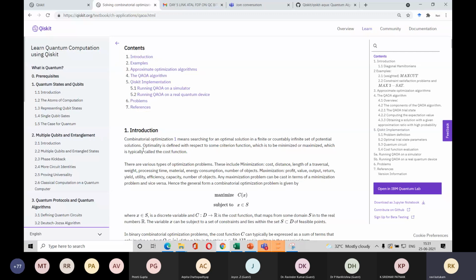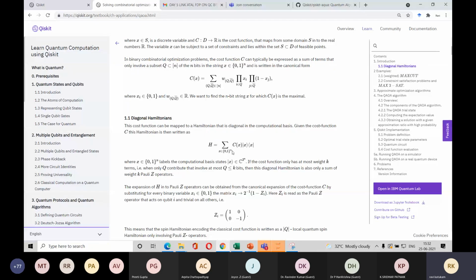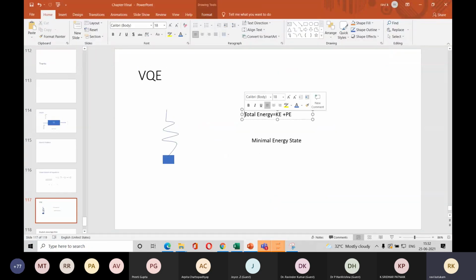Then you have a maximization or minimization function subject to certain constraints. Okay. So you define what is called Hamiltonian. What is that Hamiltonian? Hamiltonian is nothing but this total energy. Okay, so this is H. Roughly, it may not be equal, but Hamiltonian is the total energy of the system. And from there we will try to solve it.